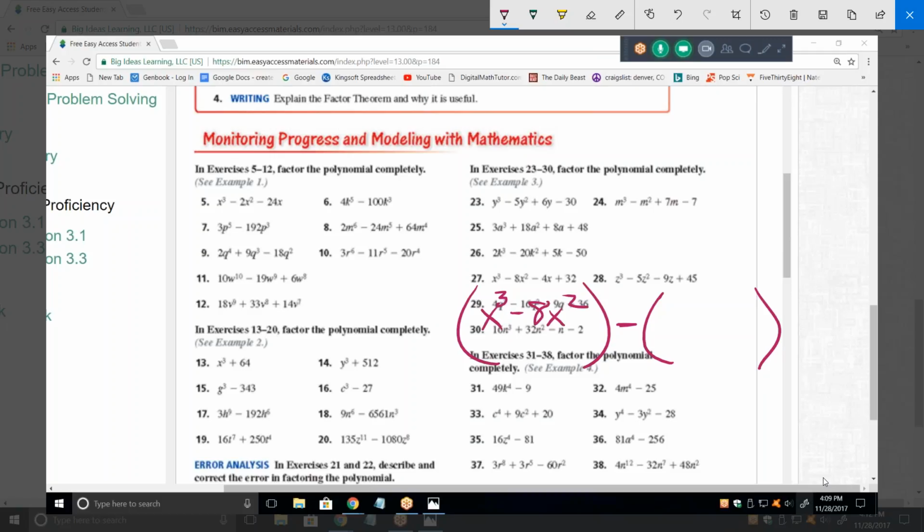Kind of have to be able to work backwards. What am I going to write in here so that it's exactly the same as that entire expression? 4x plus 32. Well, if I do that, now remove the parentheses and tell me if you have the same thing. It's negative 4x minus 32.